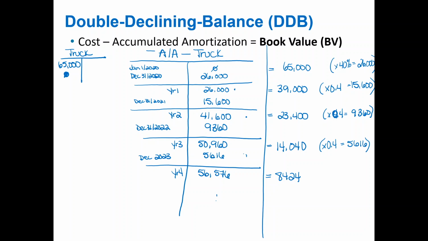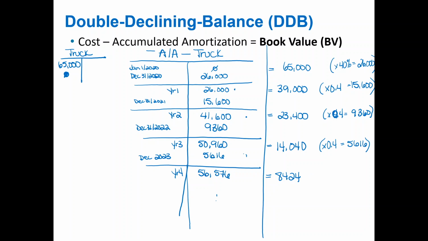That's always where we stop amortizing, as we've seen in those previous videos. For units of production, it just happened to work out that the end of year 5 was when we got there. That's not always the case for units of production because we're basing it on kilometers in this case, whereas straight line and double declining are based on the number of years. So when we get to the end of that final year of the estimated useful life, which in this example is 5 years, we want our book value to equal that residual value.